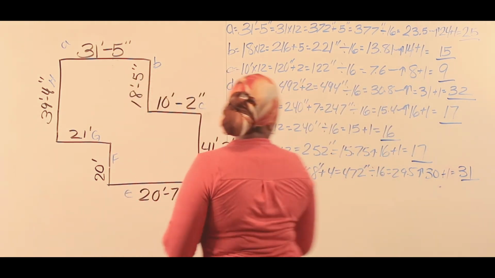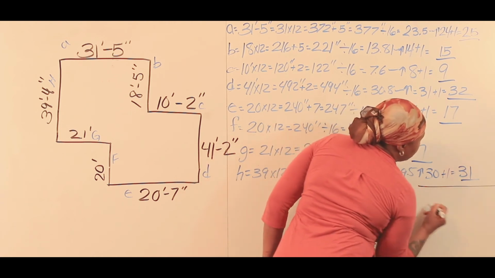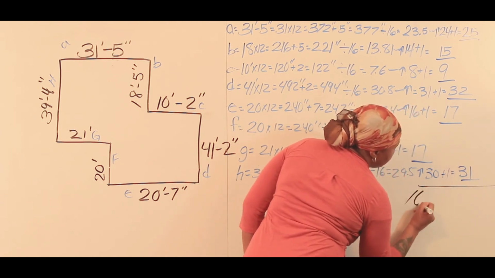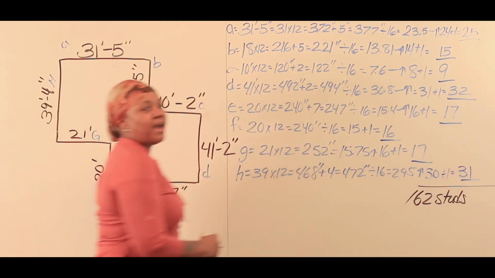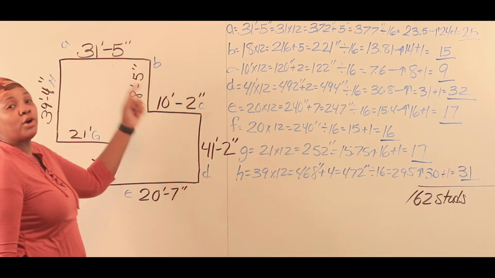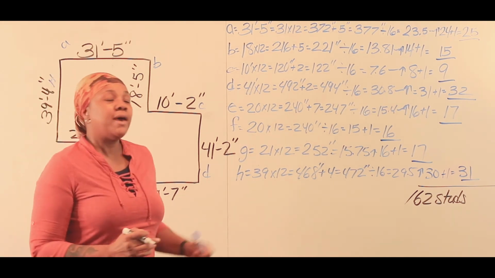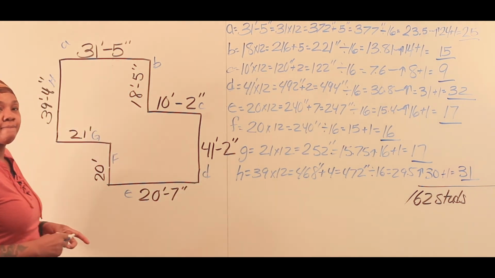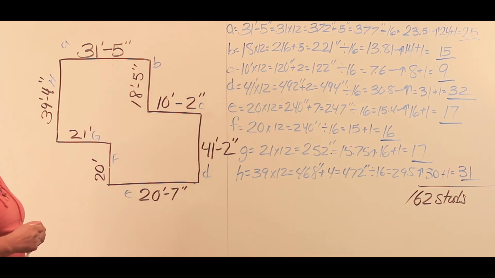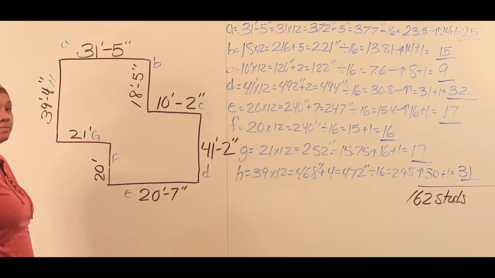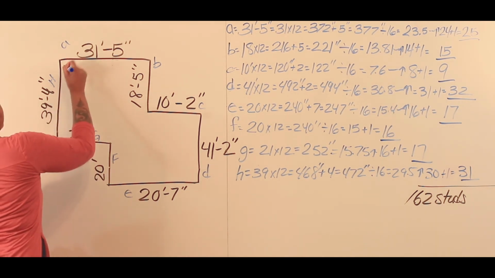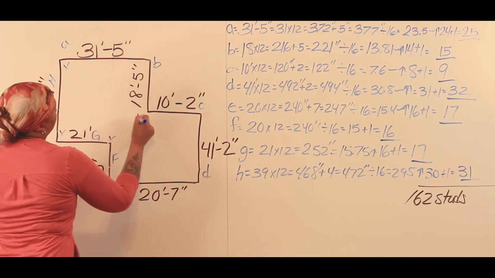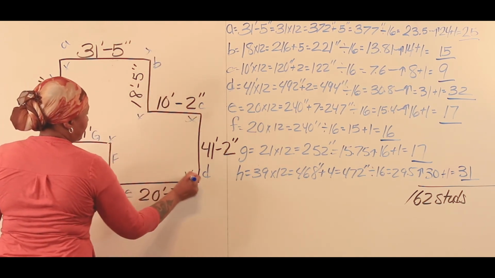So far you're telling me I need 162 studs. Yes. But because we have a closed off space, that means we have corners. We're talking about an entire room. How many corners do we have? Think of an elbow. 8. So 1, 2, 3, 4, 5, 6, 7, 8.